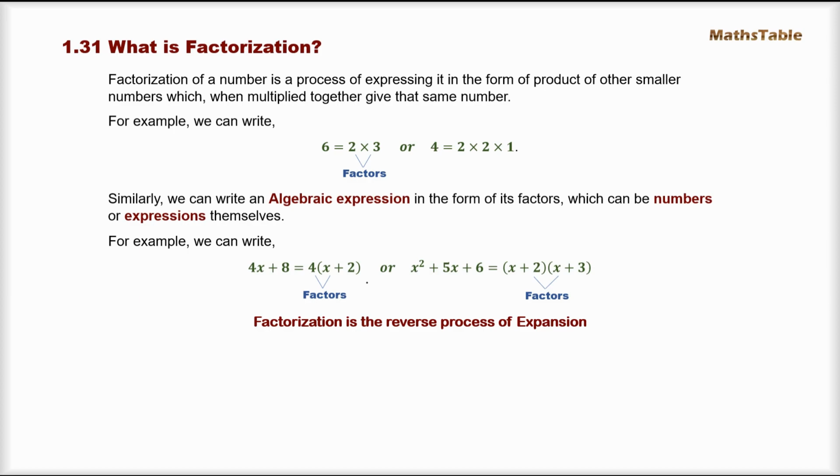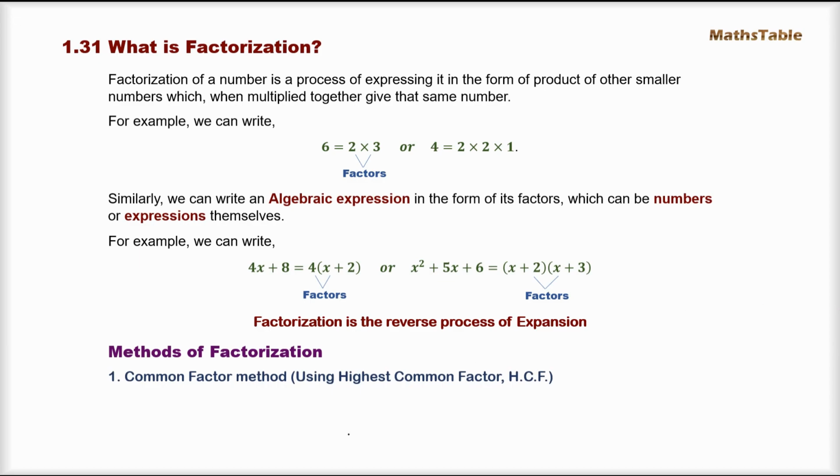So if algebraic expressions are of different kinds, then we require different methods to factorize every kind of algebraic expression. That is why the methods of factorization for algebraic expressions are classified into: one, the common factor method, which is the simplest method, which requires taking the highest common factor, or HCF, from all the terms of the given expression.